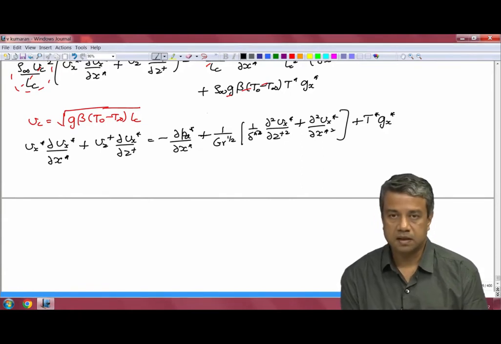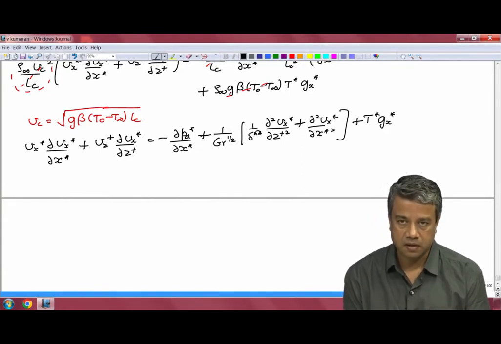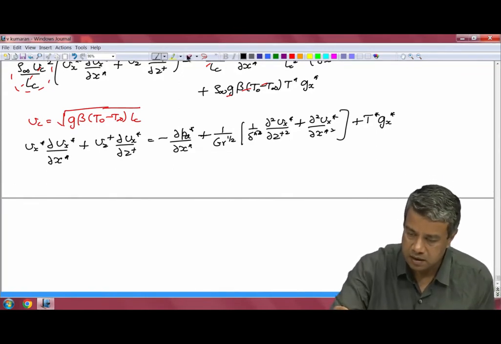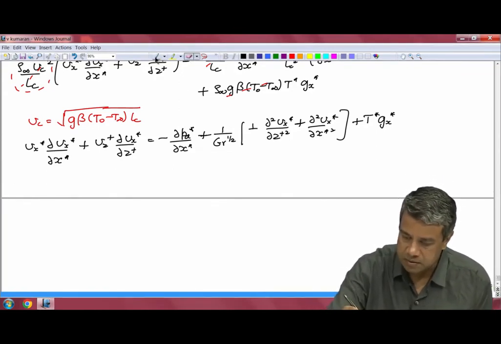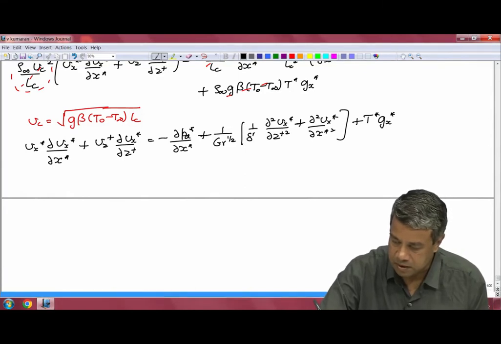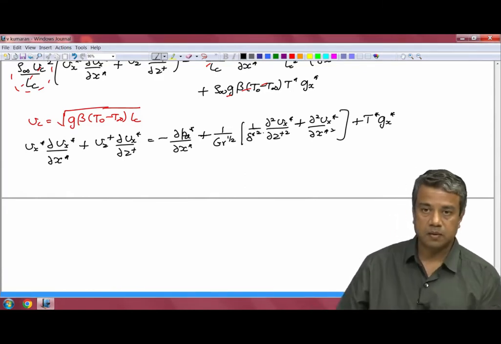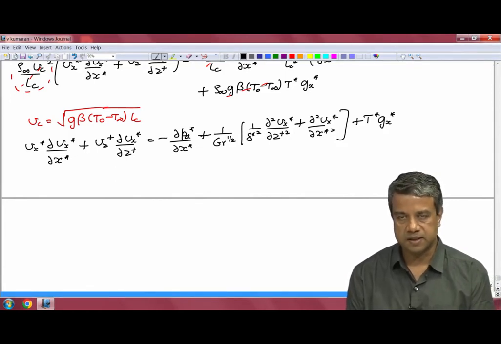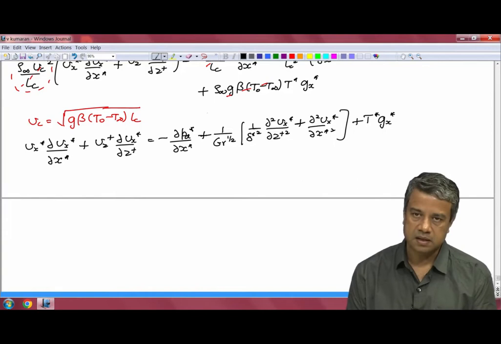And you can see that the cross stream momentum diffusion term is multiplied by 1 by delta square. Delta is small compared to 1 when the boundary layer thickness is small compared to the characteristic size. 1 by delta square is a large number.